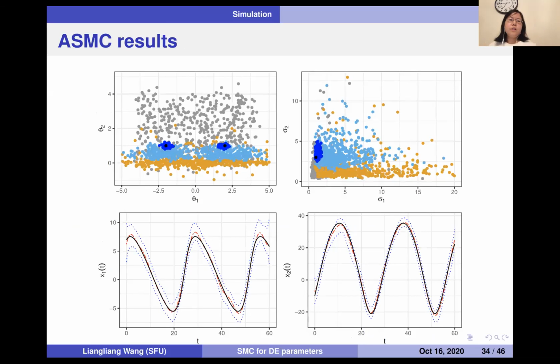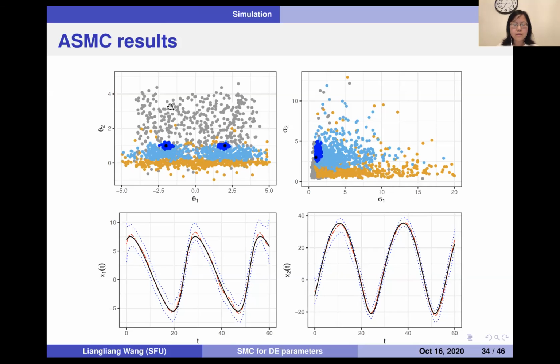These are the results from our annealed SMC method. This graph is for the particles from ASMC using several intermediate distributions. We have different colors which represent the particles at different iterations.